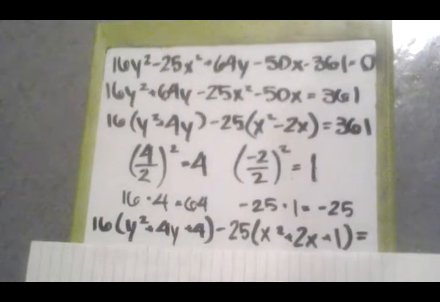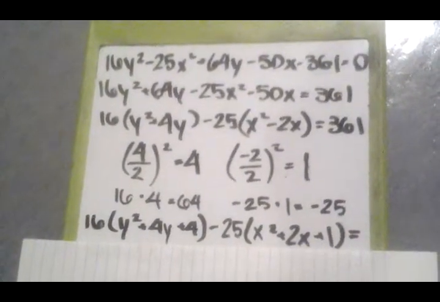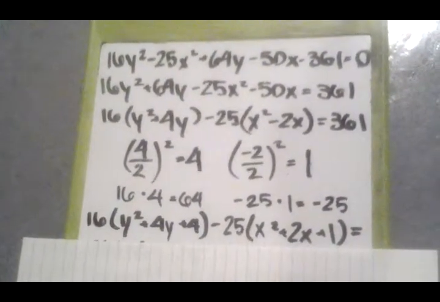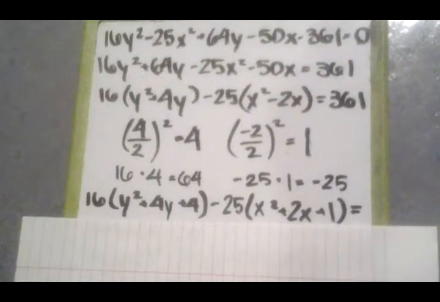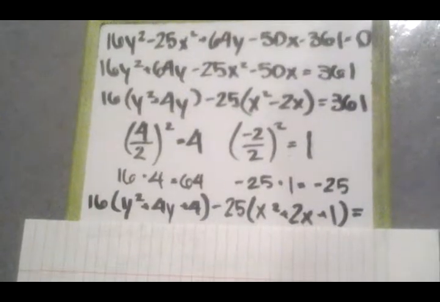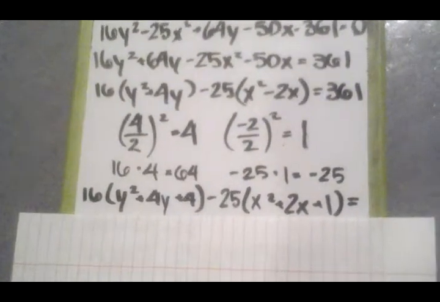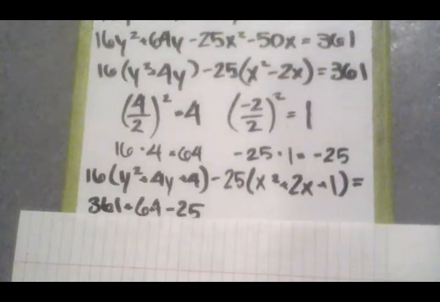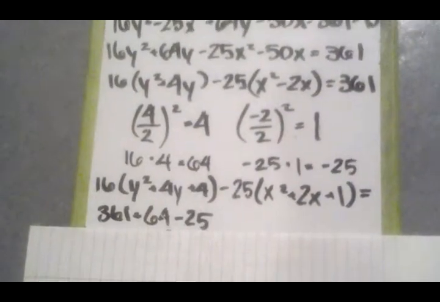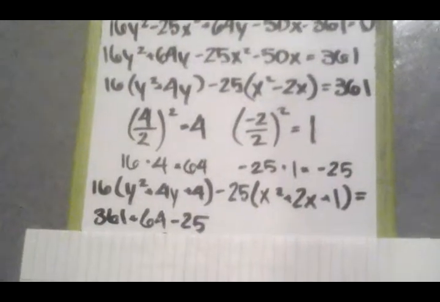So you get 16 times quantity y squared plus 4y plus 4, minus 25 times quantity x squared plus 2x plus 1, equals 361 plus 64 minus 25.